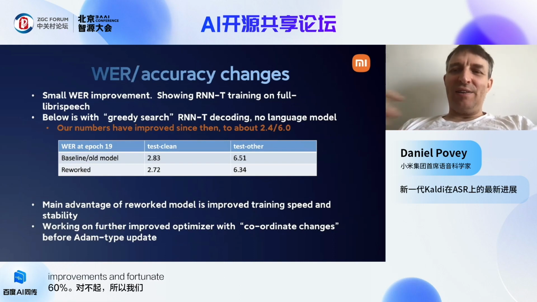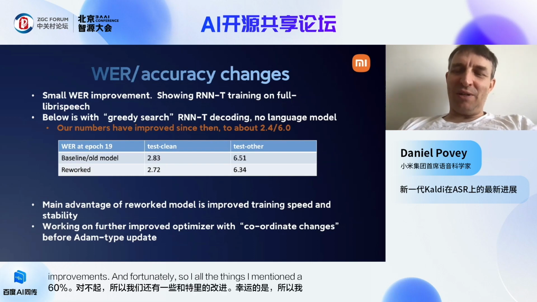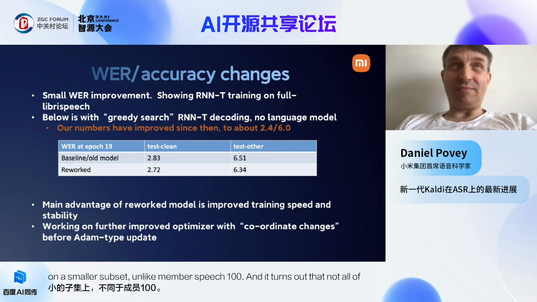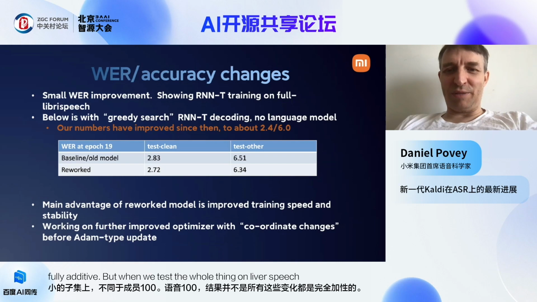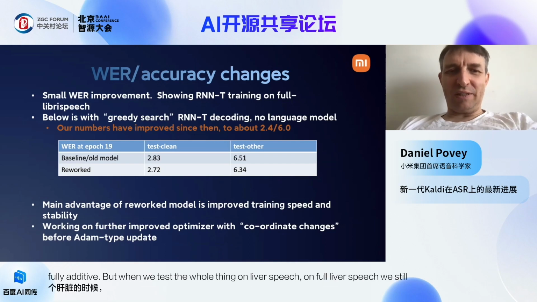Unfortunately, all the things I mentioned above, I tuned those on a smaller subset, like LibriSpeech 100, and it turns out that not all of those changes are fully additive. But when we test the whole thing on full LibriSpeech, we still get an improvement.